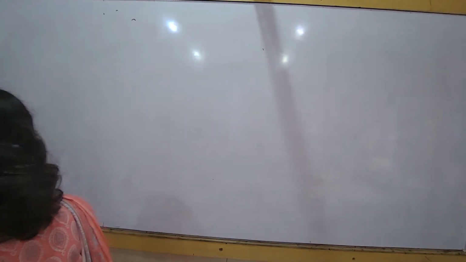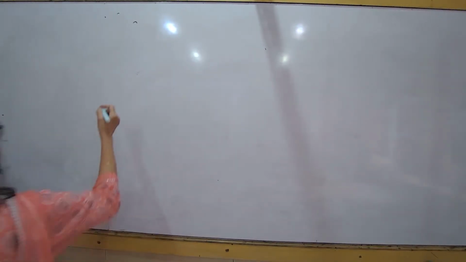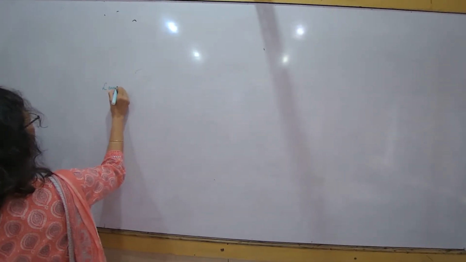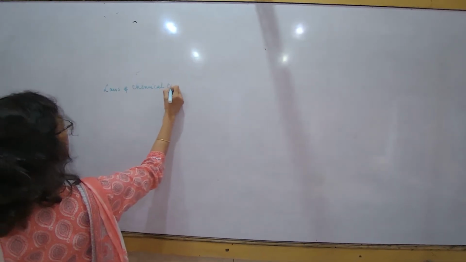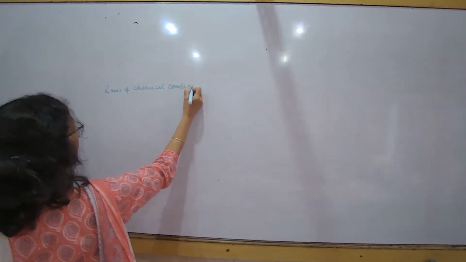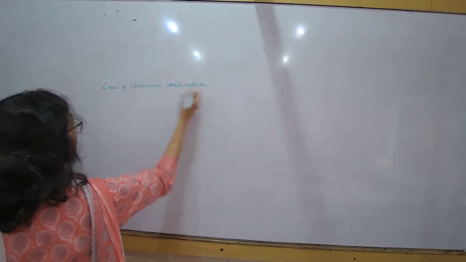Now, I want you to recall and remember the reference things to laws. What were the 2 laws? If you look at the previous page, the very first page, laws of chemical combination. There are 2 of them.